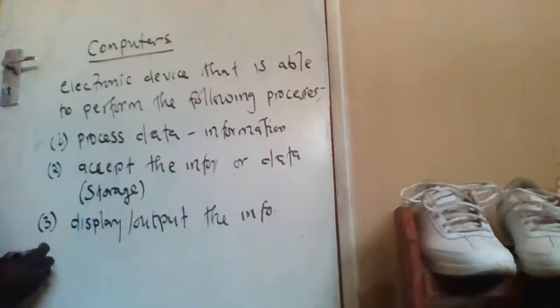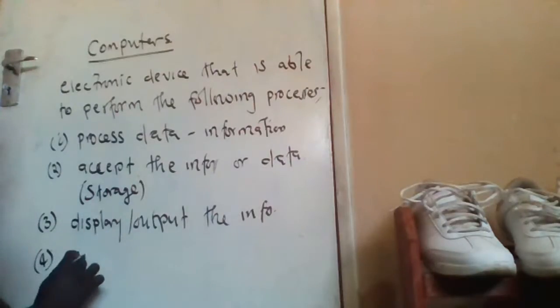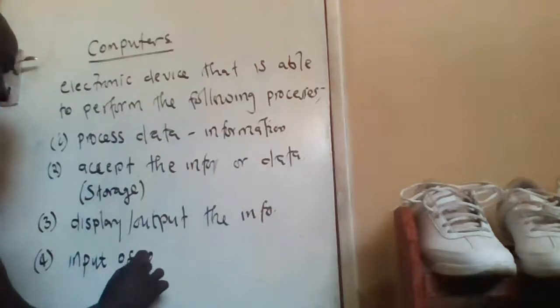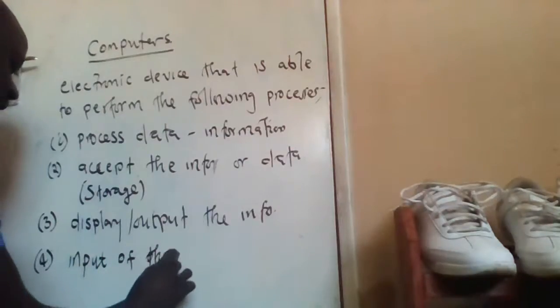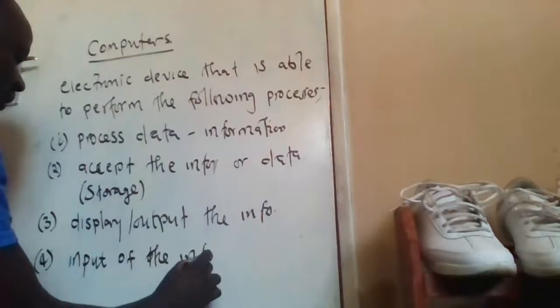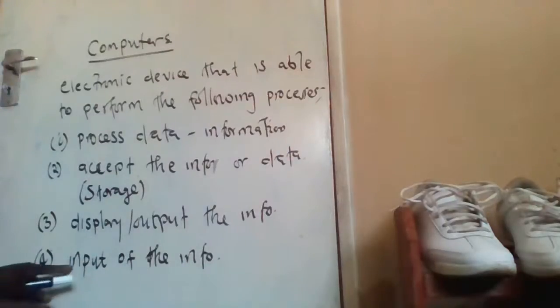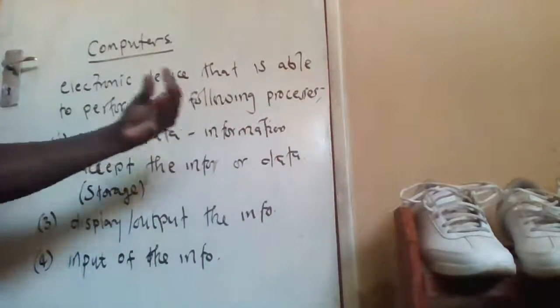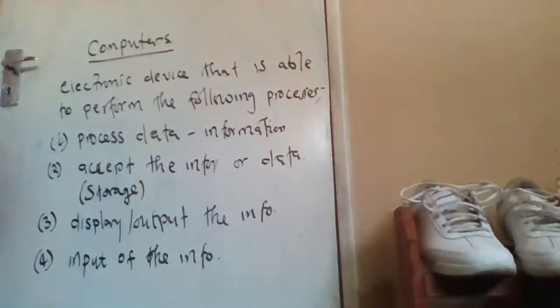And then the fourth one. There are many more, but I'll just bring out the basics. There must be a part somewhere that is able to allow the input of information. There must be some component that is able to get data or information from the external world and bring it inside the computer.